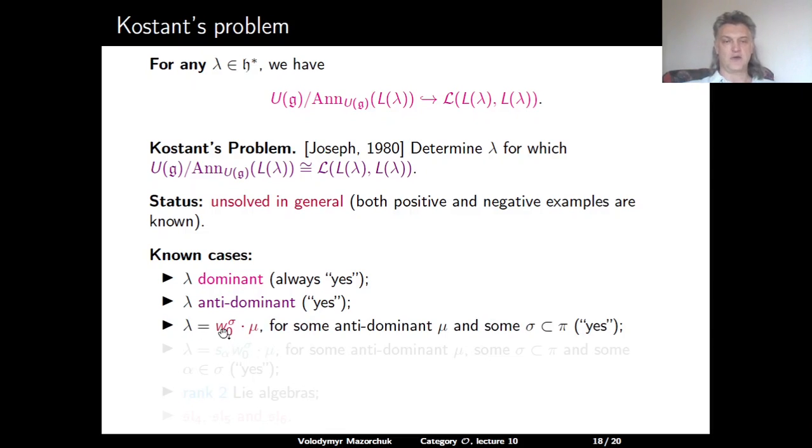If lambda is of the form the longest element in some parabolic subgroup times an antidominant weight, the answer is yes. And also, if lambda is of the form a simple reflection times the longest element in the parabolic subgroup applied to an antidominant weight, then the answer is again yes.